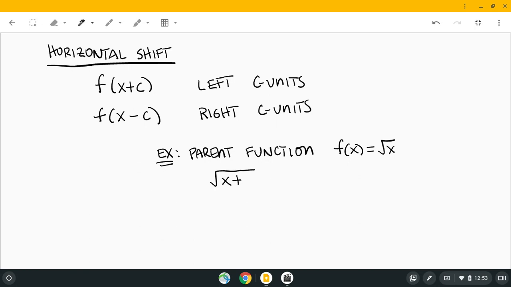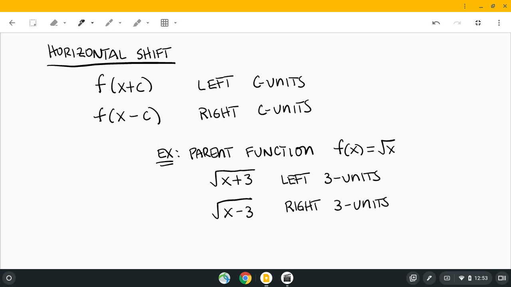Here, let's put an actual number. Let's put x plus 3. Okay, so here, if you add 3 units to the x value, then you will shift left 3. And if you subtract 3 from the x value, then we will shift right 3.